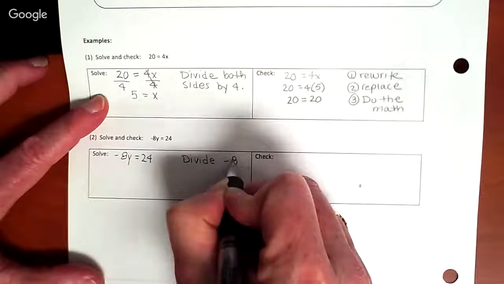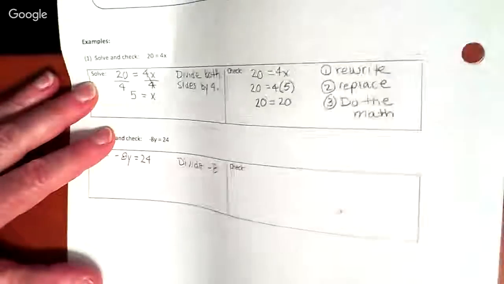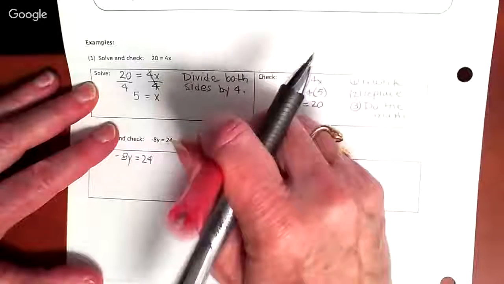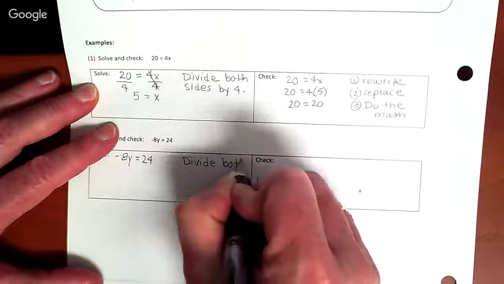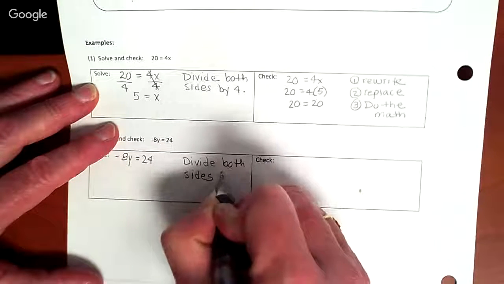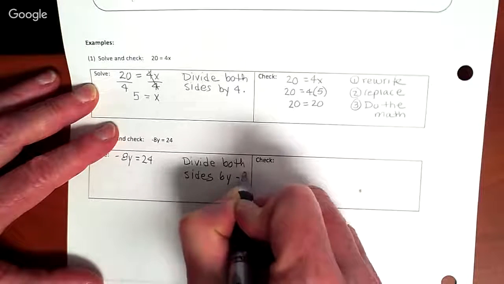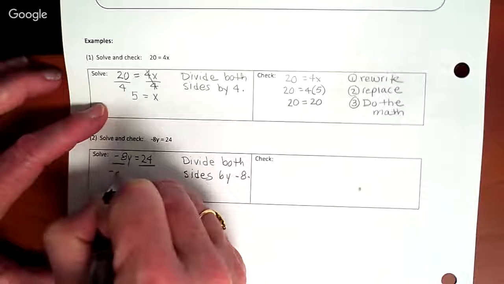Let me get my eraser here. Where'd it go? There it is. I'm going to divide both sides by negative 8.